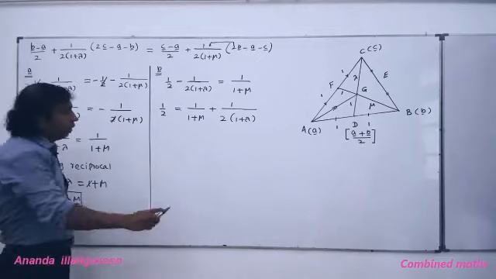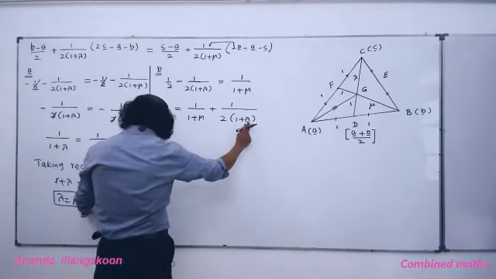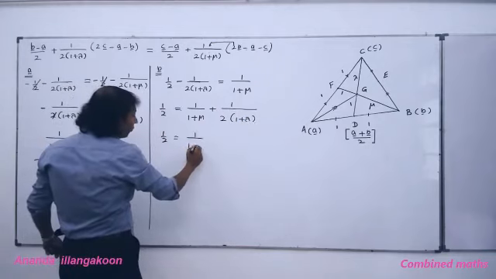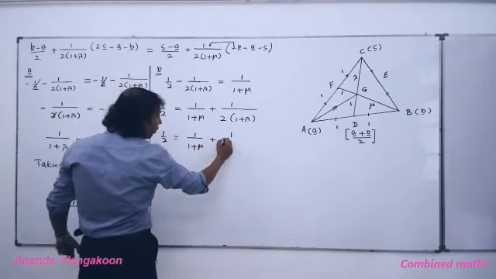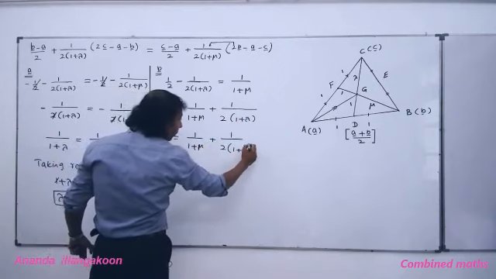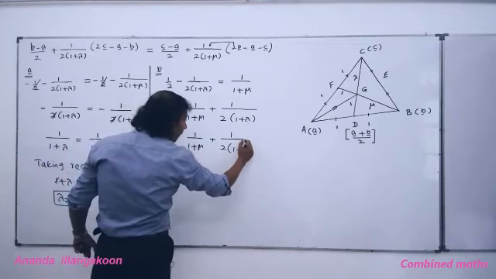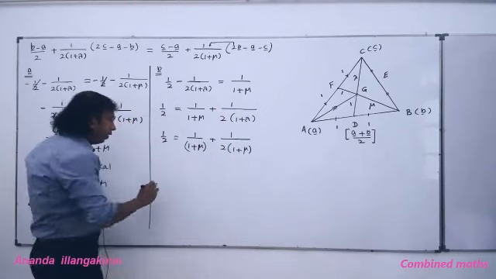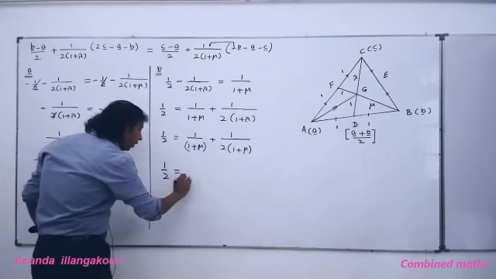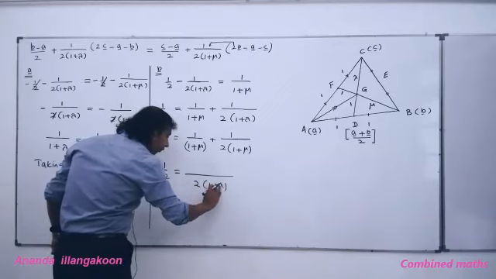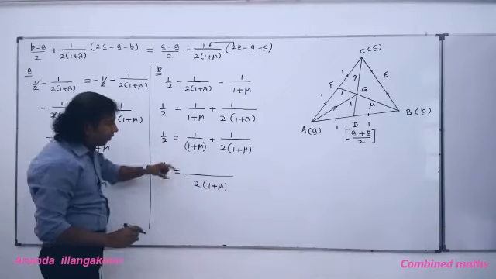So therefore, I can put for this lambda the value mu. Half is 1 upon 1 plus mu plus 1 upon 2 times 1 plus mu. Here also we have 1 plus mu. Then we'll take the common denominator on the right hand side as 2 times 1 plus mu. Then this should be 2, no?